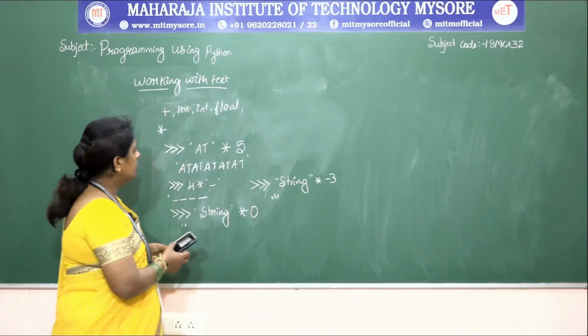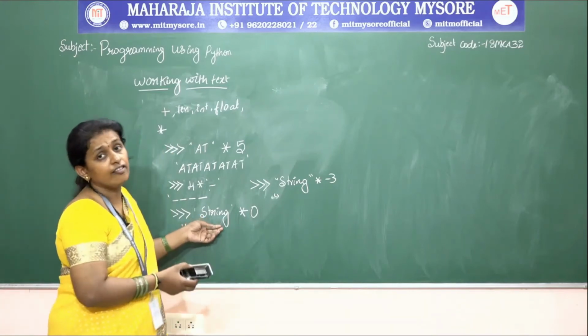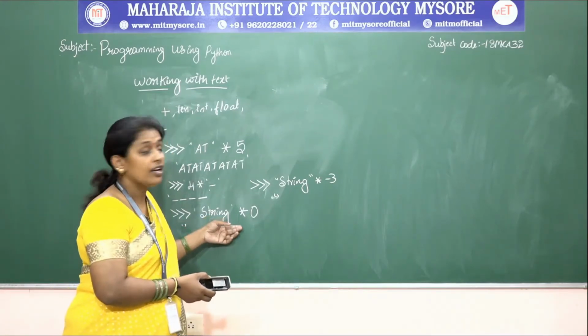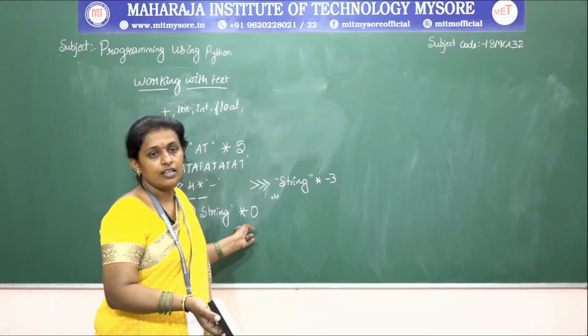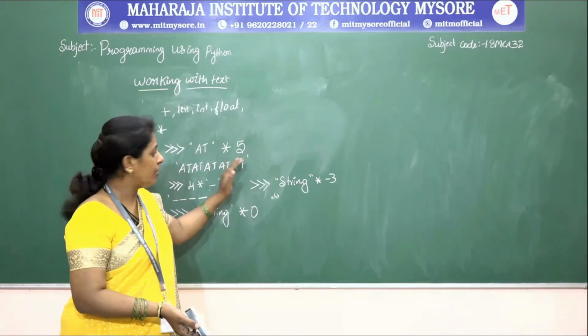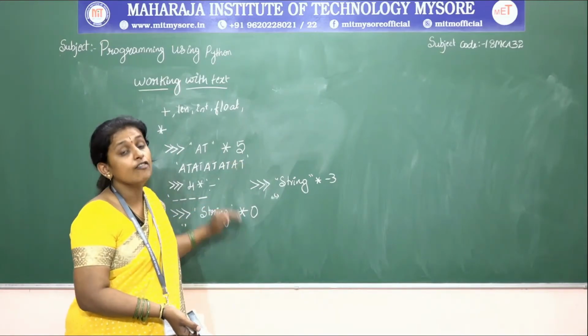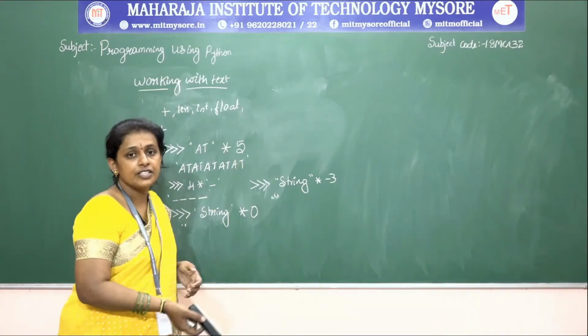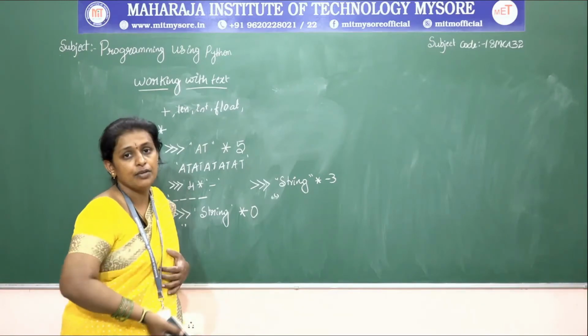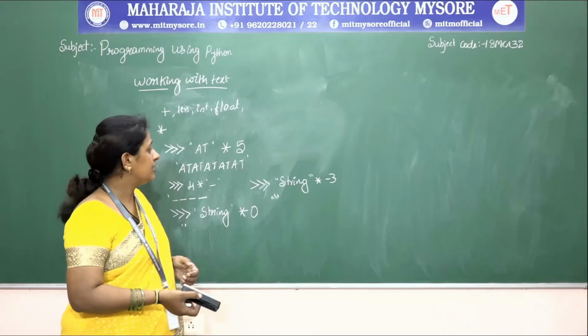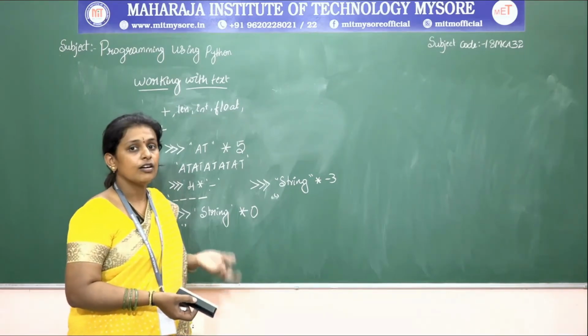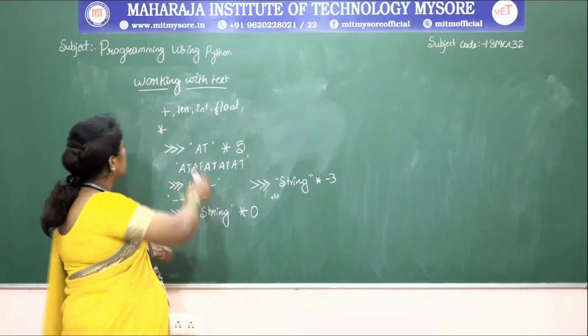Okay. So here the strings are values, right? So strings are values, and that value can be assigned to a variable. The same operations which are performed on values can be applied to variables also. Okay. Let us consider the string variables.